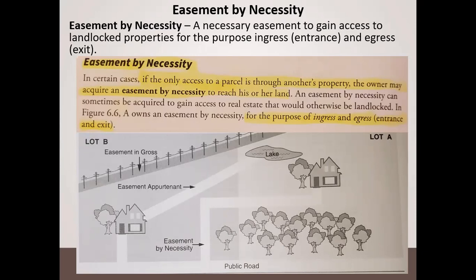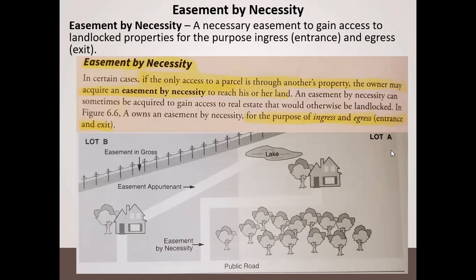It's usually for landlocked properties where there's no other way to get to your property unless you cross over a neighbor's property. So wouldn't both of them be walking over both and both being walked over? No, lot owner B could come right off the public road, right off the street, right into their driveway.